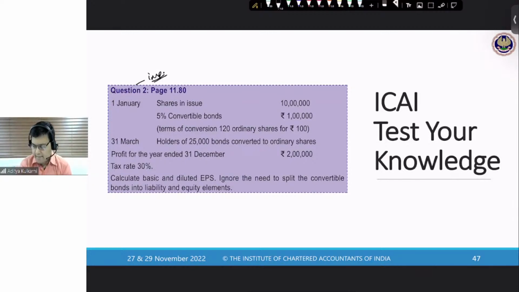You had 10 lakh shares. 5% convertible bonds of rupees 1 lakh, terms of conversion 120 ordinary shares for rupees 100. On 31st March, holders of 25,000 bonds converted to ordinary shares. Profits for the year ended 31st December is rupees 2 lakhs. Tax rate is 30%. Calculate basic and diluted EPS. Ignore the need to split the convertible bonds into liability and equity elements.